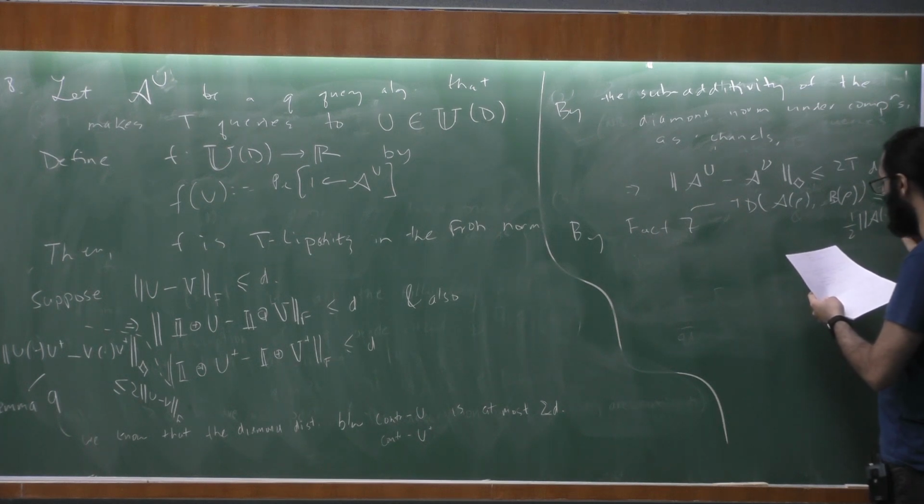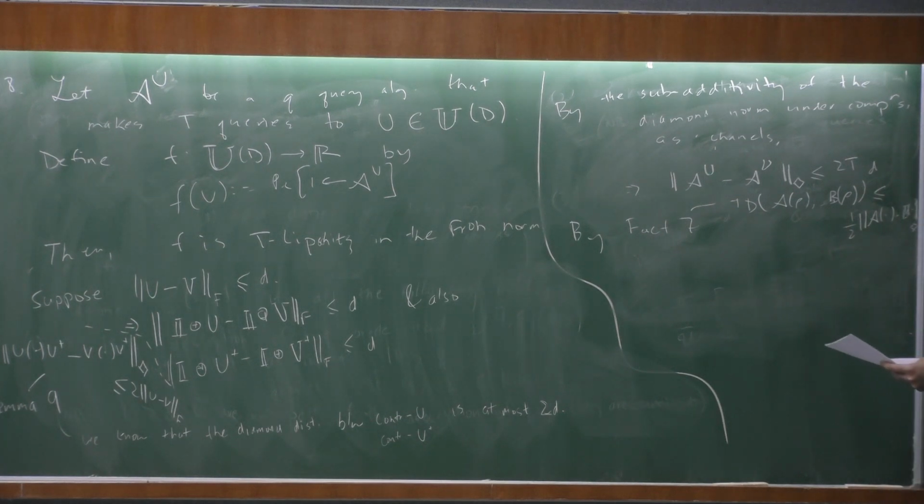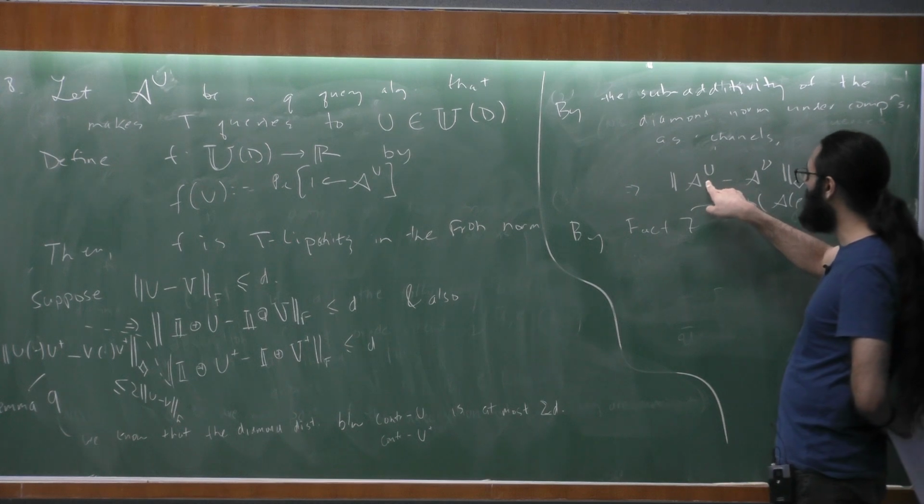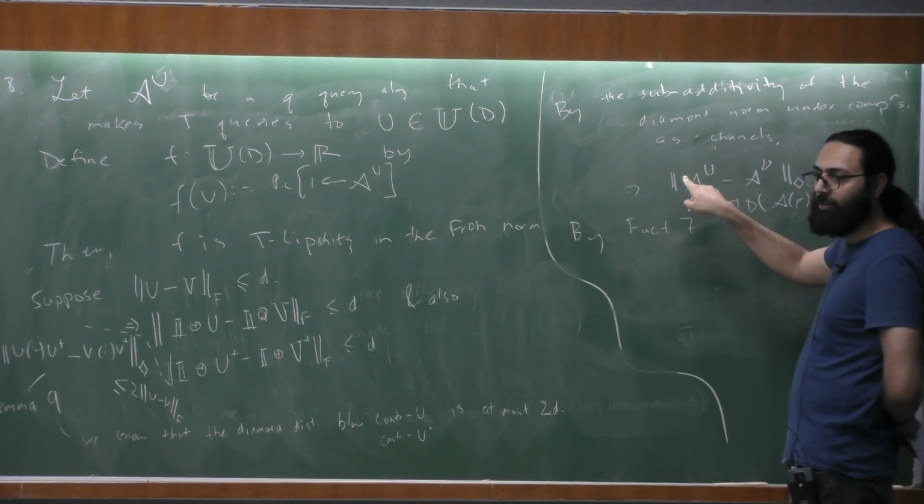Okay. A^U and A^V, the other part of the circuit could be different, right? Other part of the circuit, yeah. But the algorithm is the same. The only change you're making is to the oracle being queried. So this means the circuit is the same, only the queries are different. Yeah, the oracles are different. So it's going to be some circuit, and it will have some gates replaced by U, right?